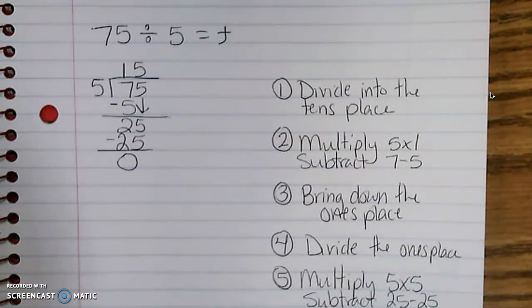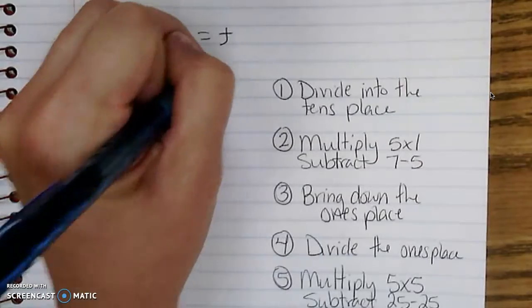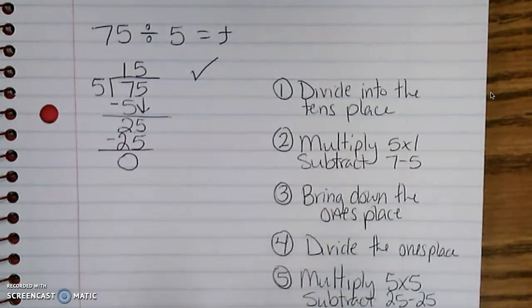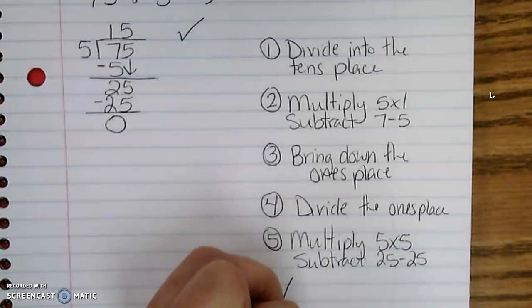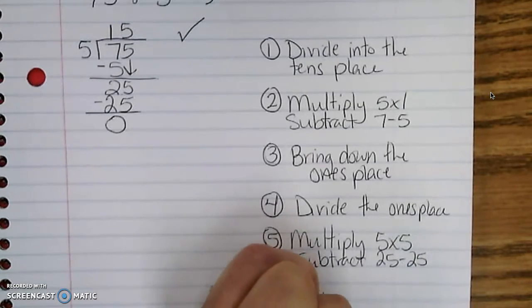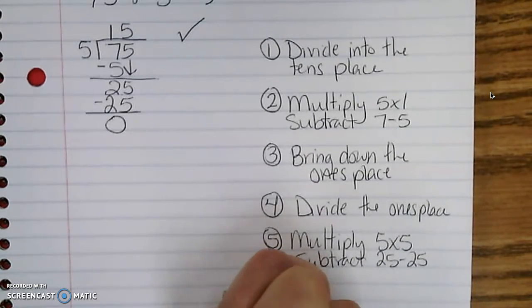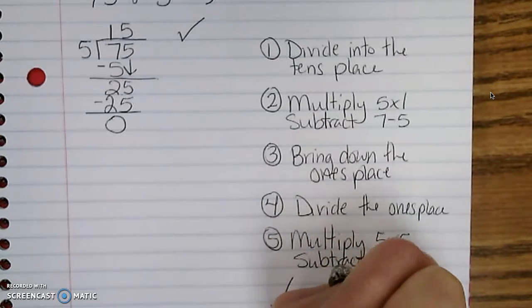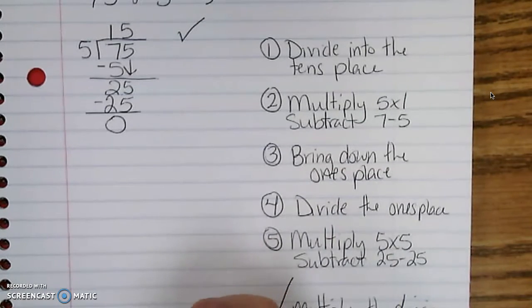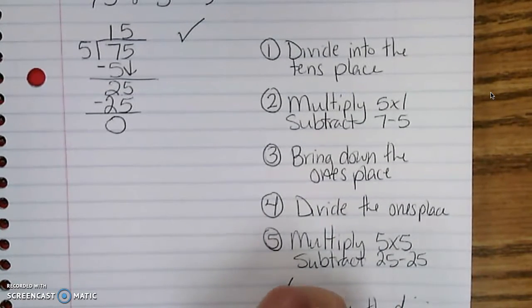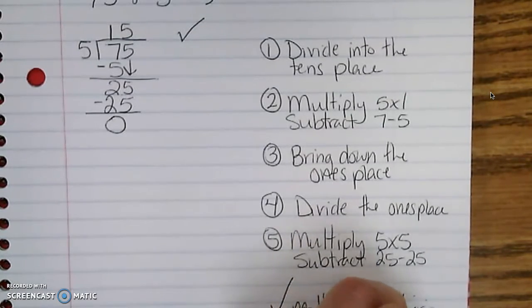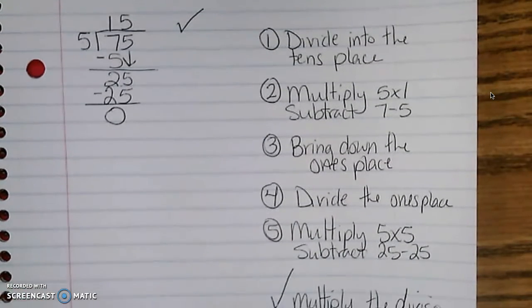And in order to check my work, I'm going to put it down here first. To check it, I'm going to multiply the divisor times the quotient.